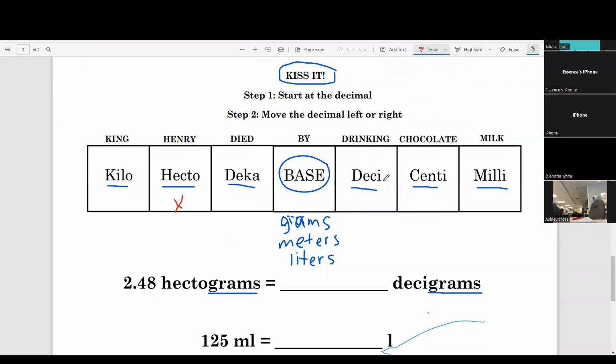And then we're ending at deci. First thing you always want to mark is movement. You always want to know if you're moving to the left or to the right, because that's going to dictate where my decimal is going. If I started at hecto and I moved to deci, which way did I go? I went to the right. So that's first things first. I know I'm moving to the right.